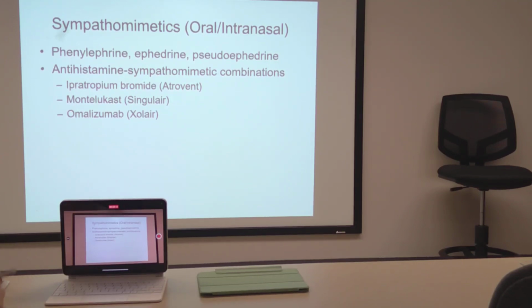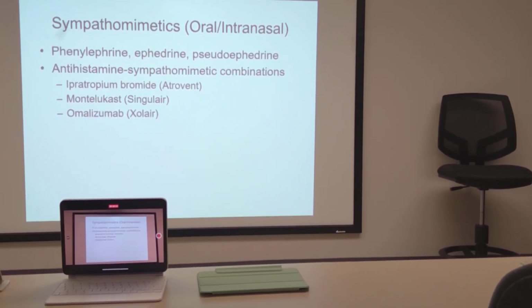And if I give you, for example, montelukast, then you should know it's a combination. So this one, when you see the MAB, what does it mean? I think this is something we learned last semester, right? It's a monoclonal antibody.